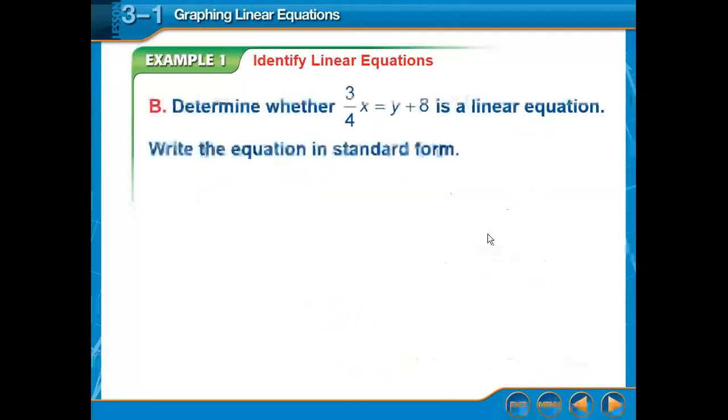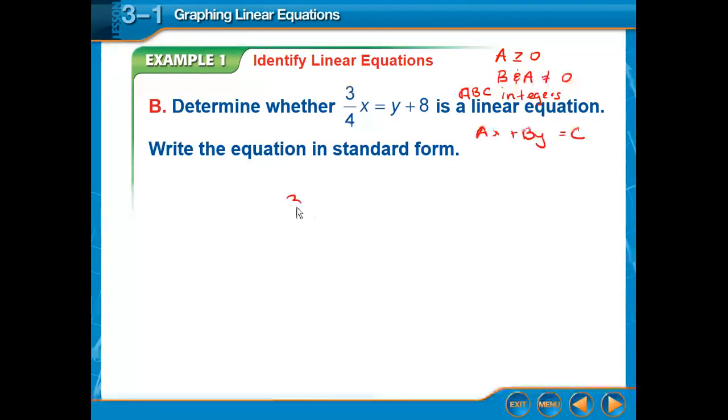Now this one. Standard form has these conditions: a is greater than or equal to 0, a and b are not both equal to 0, and a, b, and c are integers. We want it in the form ax plus by equals c.